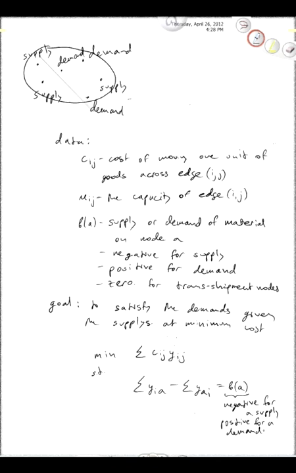And you don't necessarily have to think of this as trucks. You can think of this as crates. So more crates are leaving a supply node than are entering. More crates are entering a demand node than are leaving. And this is 0 for everything else.